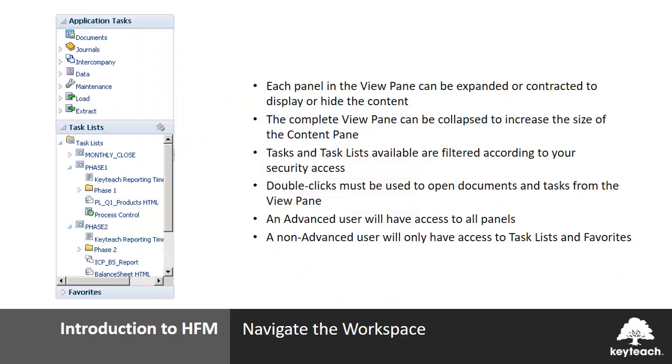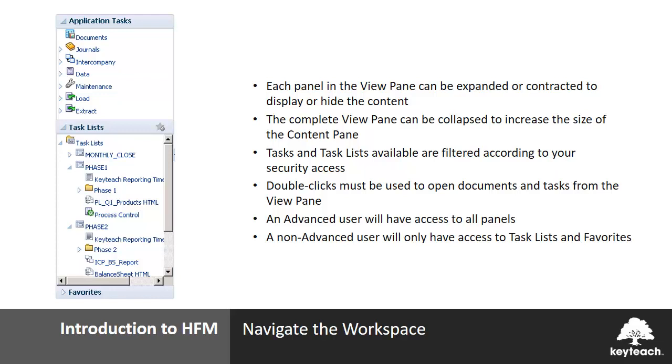In the View pane we can expand and contract the tasks, the folders and the task lists. And you can collapse the View pane if you wish to give you more room when working in the Content pane. All the tasks and the task lists available are filtered based on security access.